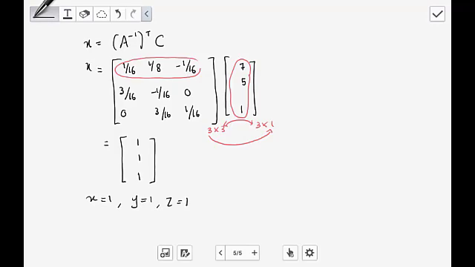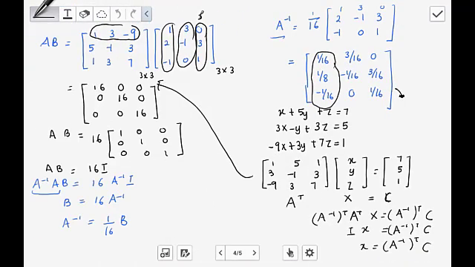I hope you had followed this. When we are given this question, when they ask us to find AB, first we find AB, and then from this they ask us to find A inverse. So we connect this with identity, then only we can find A inverse.